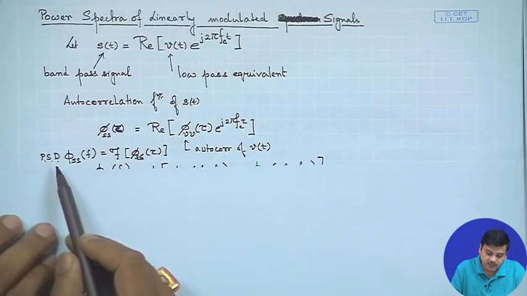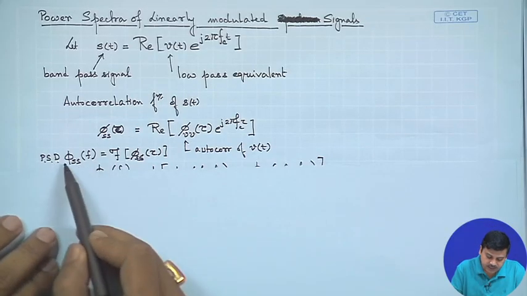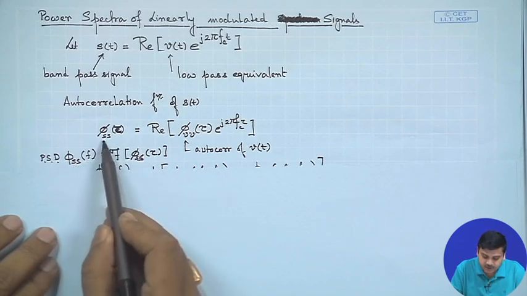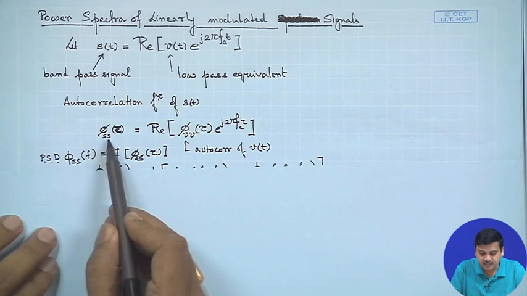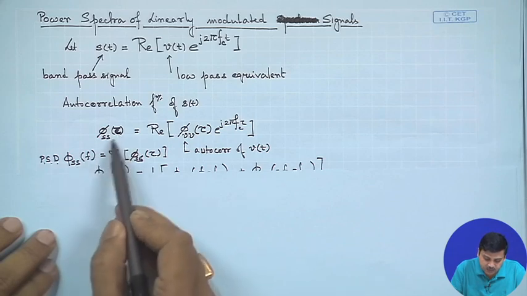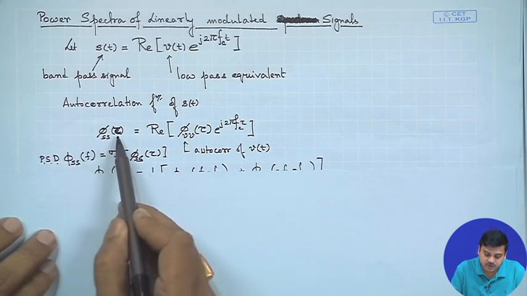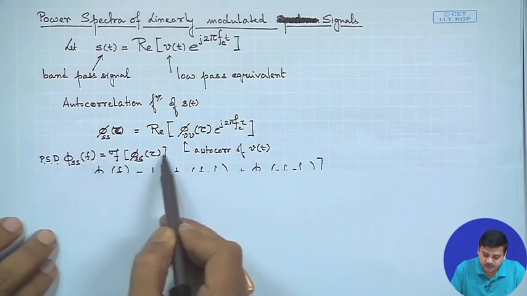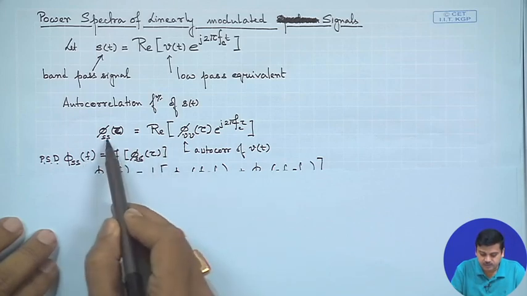So, if we are interested in the power spectral density, we will represent it as phi_SS(f), SS because autocorrelation of S and S. So, power spectral density because of autocorrelation, so it is S, and tau gets translated to f because from the delay domain we are going to the frequency domain, and this is basically the Fourier transform of this.